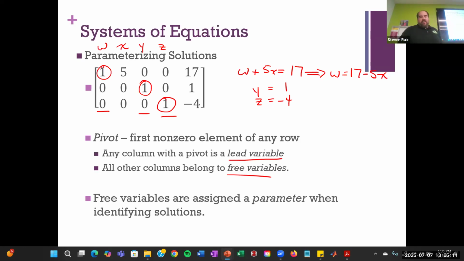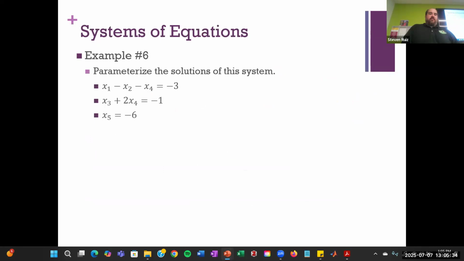And we always assign free variables a parameter. Something you've probably seen is w equals 17 minus 5t, or whatever your favorite parameter is, for x equals t. Any questions so far?